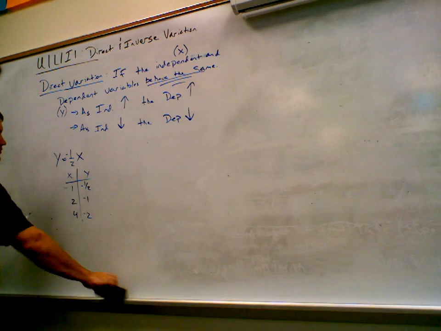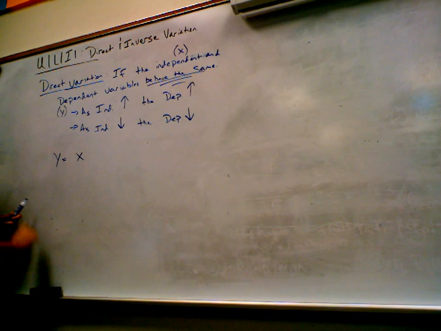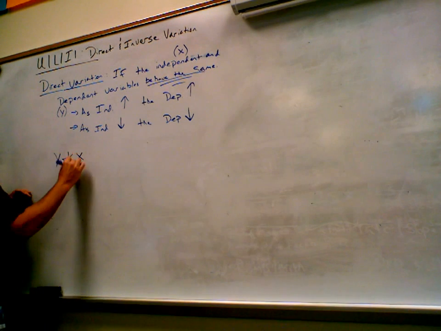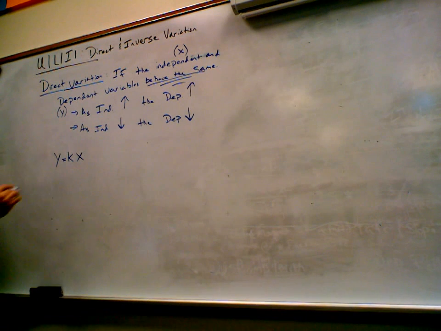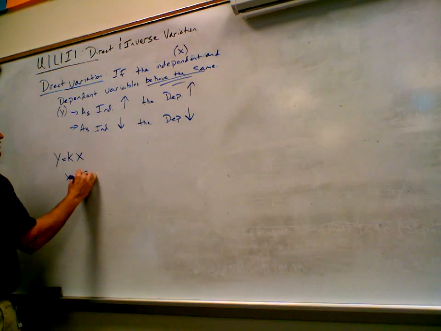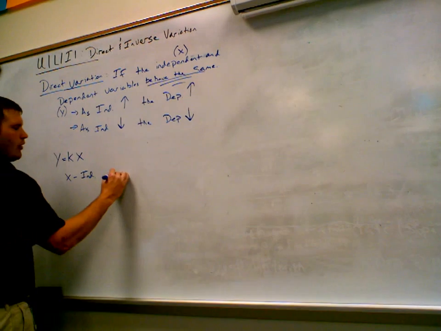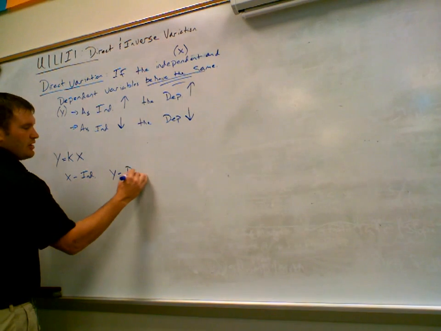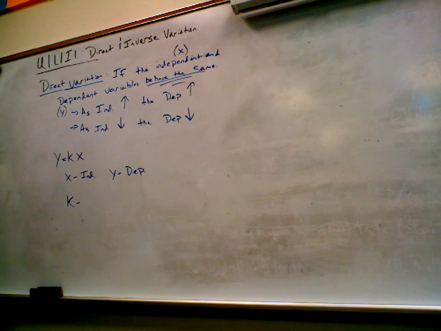So, in a direct variation, guys, is anything that can be written like this: Y equals kx. Where x is the independent variable, y is the dependent variable, and k is what? It can't be 0.